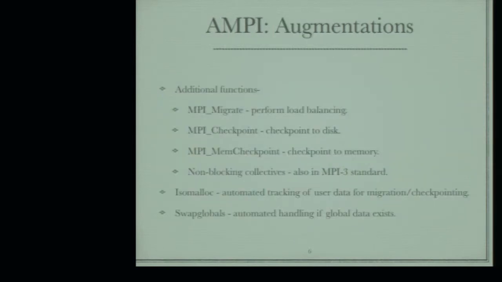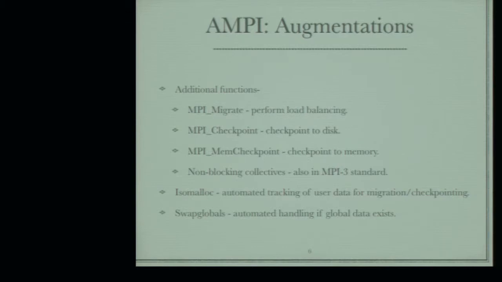We have some extra augmentations to the MPI interface which we have implemented to make sure that users can make use of some other functionalities. The most important of them is MPI_Migrate. As has been mentioned earlier, Charm++ supports load balancing and object migration.